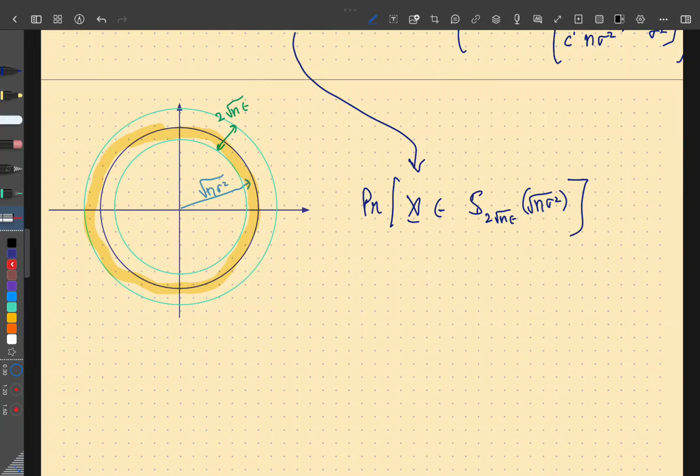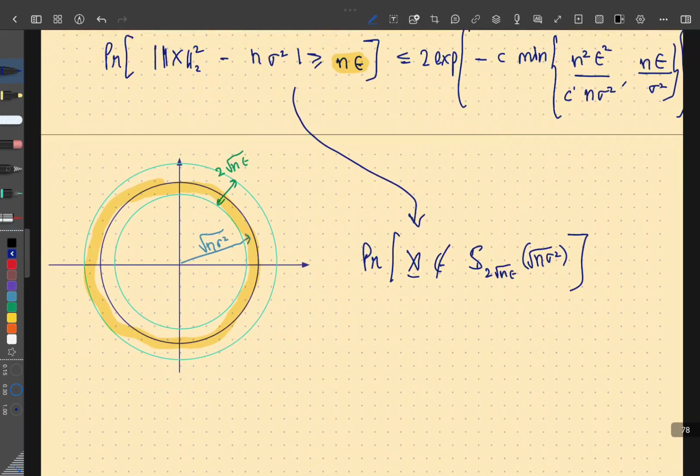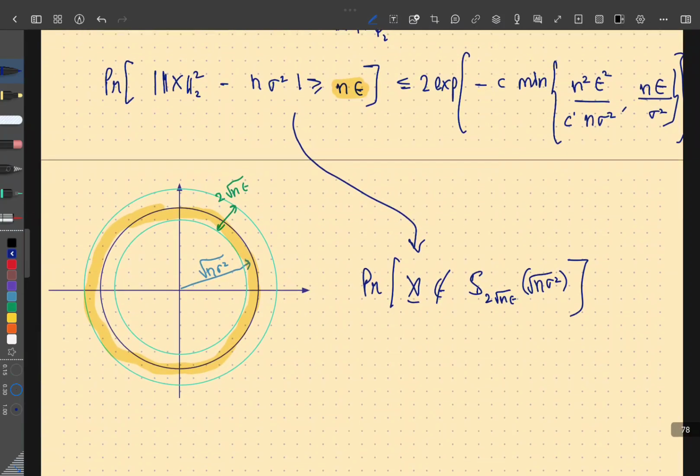So that is the probability that the vector is outside that shell. Correct. So this is equal to the probability that x is not in this shell. Right.